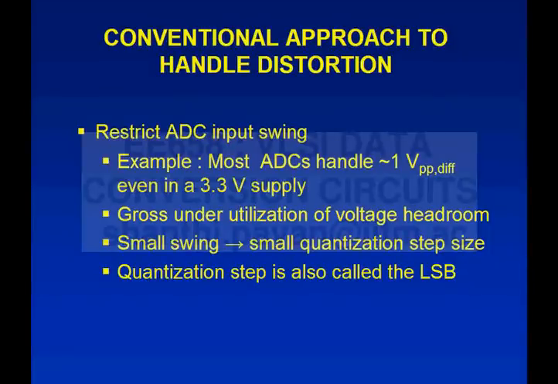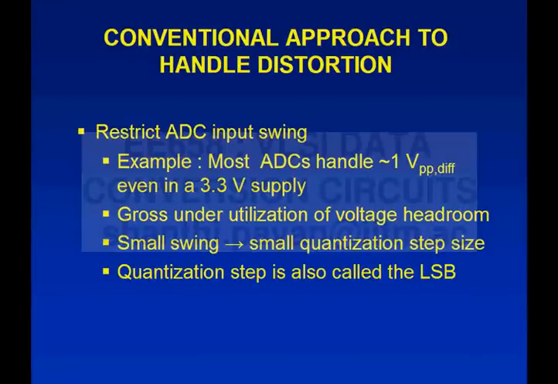It turns out that if you scan the literature, you will find that a lot of these converters tend to handle about a volt peak to peak differential in a 3.3 volt supply. Please recall that in a 3.3 volt supply, you're in principle supposed to get 6.6 volts peak to peak differential swing. But you are only able to do 1 volt peak to peak differential, and as you can see, this is a gross underutilization of the voltage headroom available.